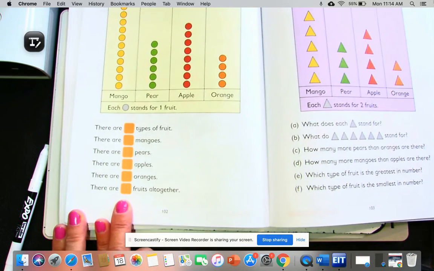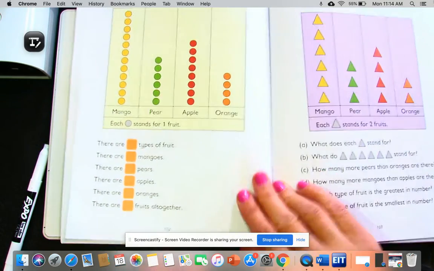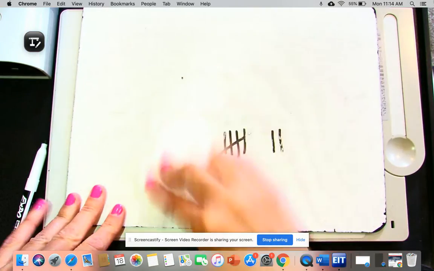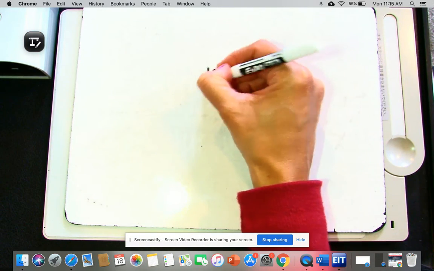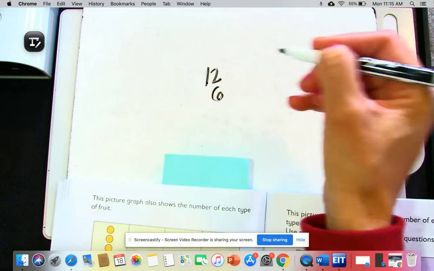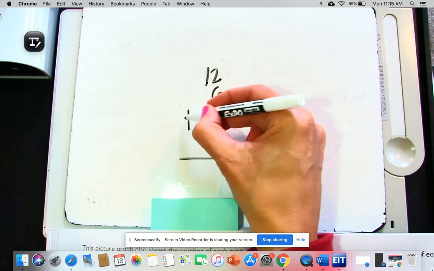Ooh, now here's a good one. There are blank fruits all together. Well, let's see, what did we have? We had 12 mangoes, 6 pears, 8 apples, 4 oranges.